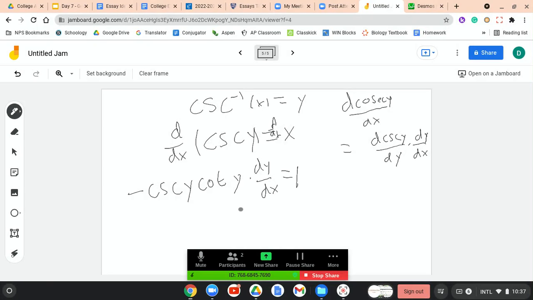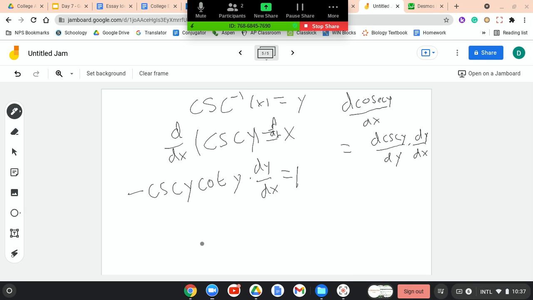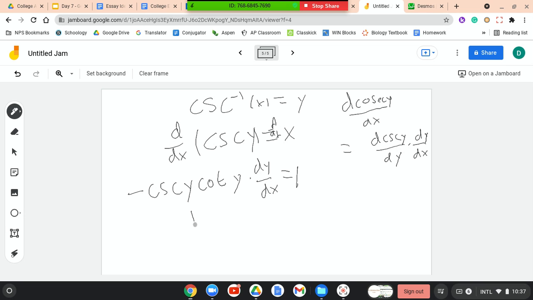We could also say that this is equal to negative cosine y over sine squared y, because cotangent is cosine over sine, and cosecant is 1 over sine.